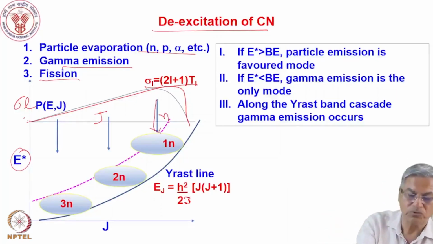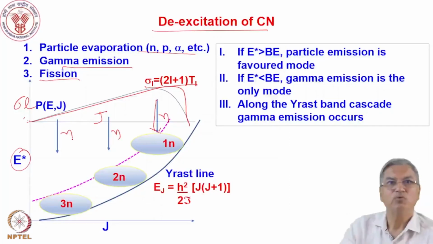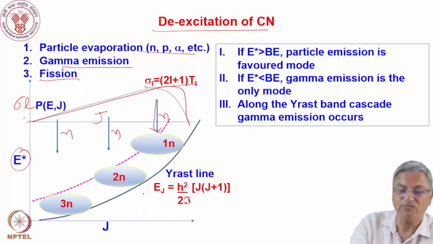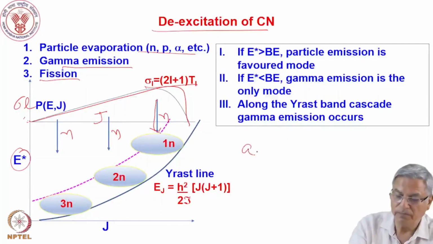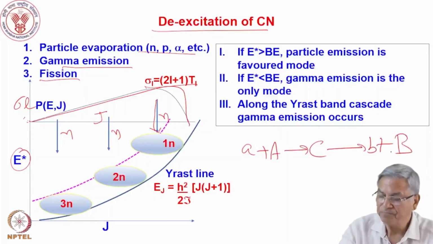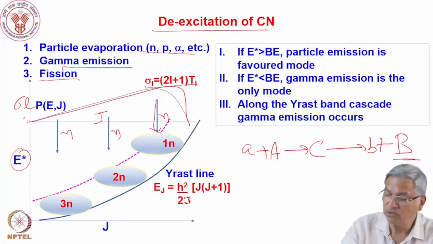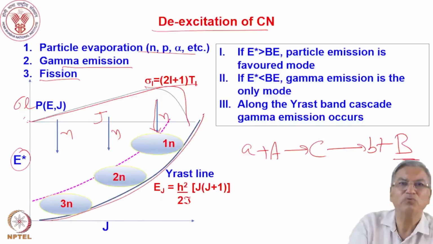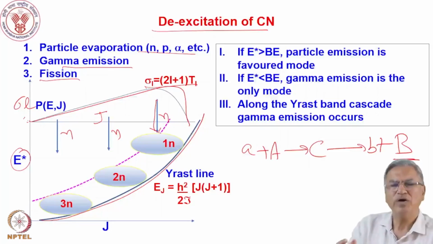It could be neutrons. For a heavy nucleus, proton and alpha emission is not favored much because there is an emission barrier. Consider A plus A going to C, going to B plus B. The residual nucleus B will have certain angular momentum, and when a nucleus has some angular momentum, certain energy is tied up in its rotational energy.